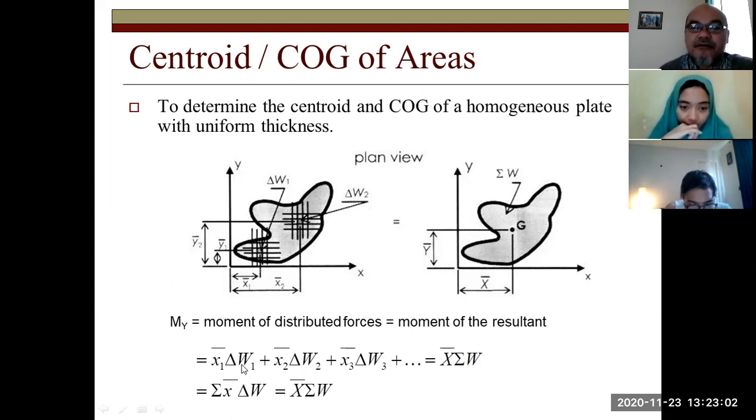So mathematically it can be rewritten as sigma of small x upper bar, the coordinate of each element in that plate, multiplied by delta W, the weight of each small element, equals the x coordinate of the centroid or center of gravity multiplied by sigma W. Similarly, if we want to find the y coordinate, we use the moment about the x-axis.